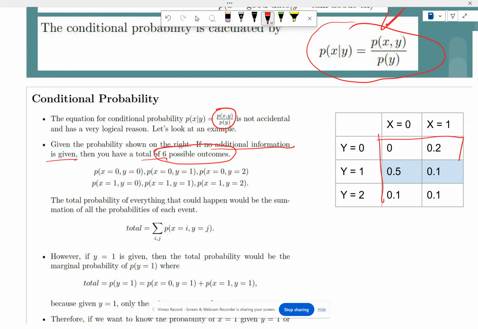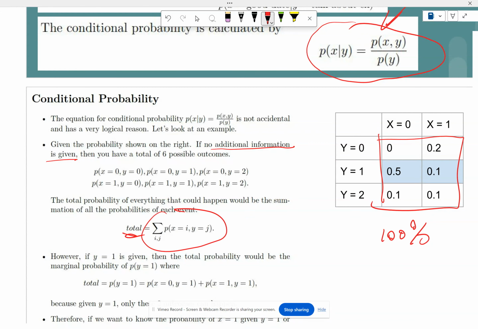And this will be your 100% of all possibilities right here. All 6 of them. Therefore, the total probability is essentially the summation of all 6 events.